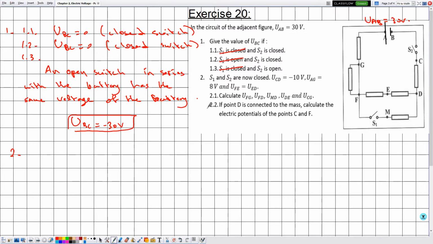Now in number 2, they are telling me S1 and S2 are now closed, so we deal with them as connecting wires. Now they are telling me UCD is equal to minus 10 volts.